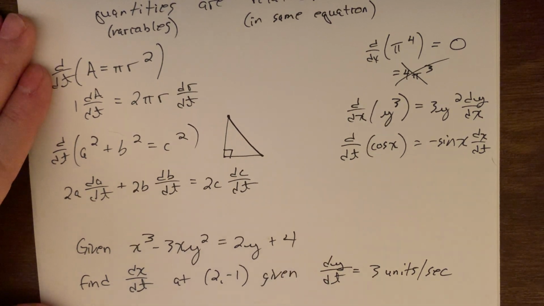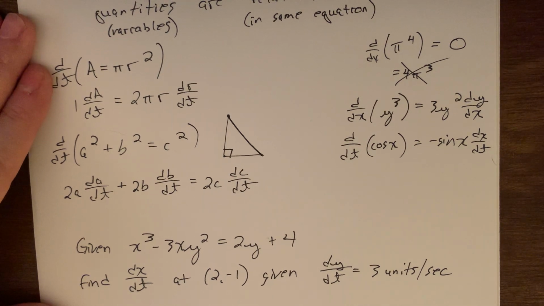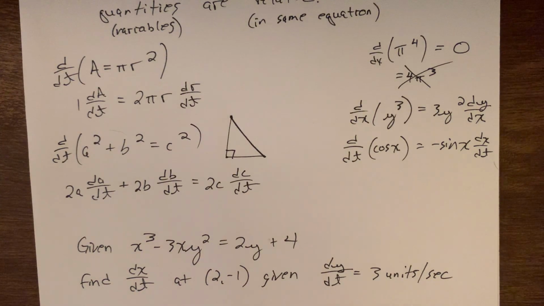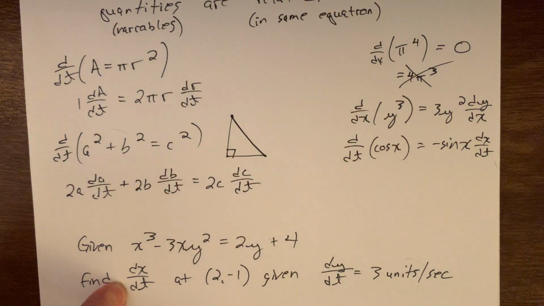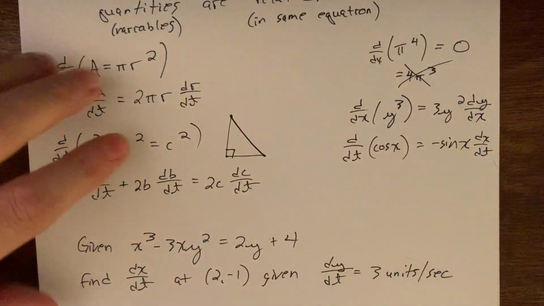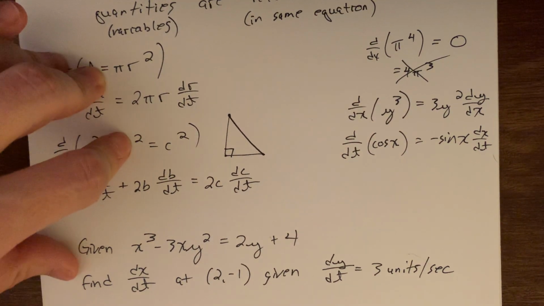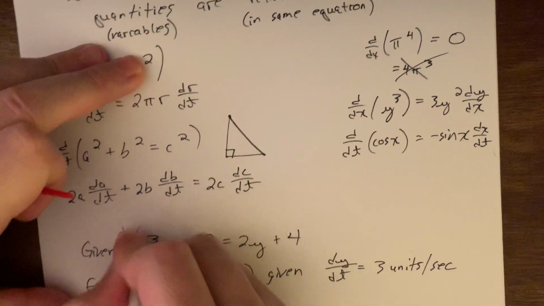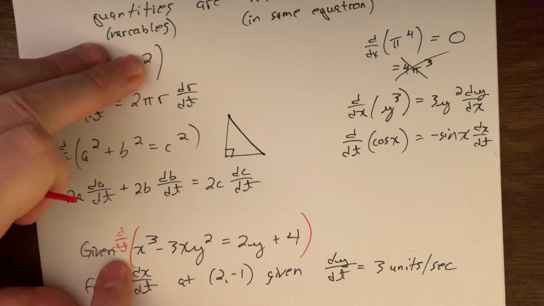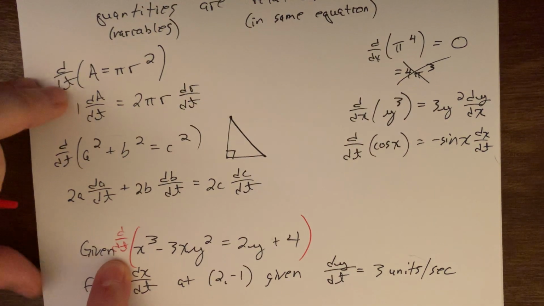But now we are being asked to find dx/dt. Well, if we have this original equation, how are we going to find dx/dt? We're going to start by taking the derivative of that whole equation with respect to t.